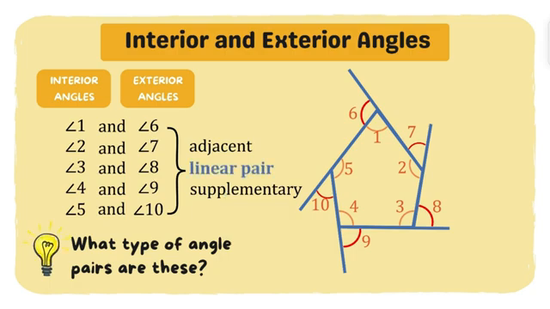Okay. In short, we can call them linear pair. Because a linear pair are two angles that are adjacent and at the same time supplementary. So itong mga pairings natin ng interior angle at saka exterior angle, they are what we call linear pair. Yun po yung relationship nila.